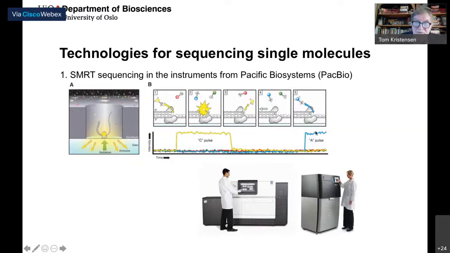It's bound and immobilized for a time period which is long enough for it to be detected. So the output from this instrument, at least if you look at this level, will be a series of pulses of different fluorescent signals, where the color of the fluorescence will tell us which nucleotide has been immobilized to the polymerase at this stage.